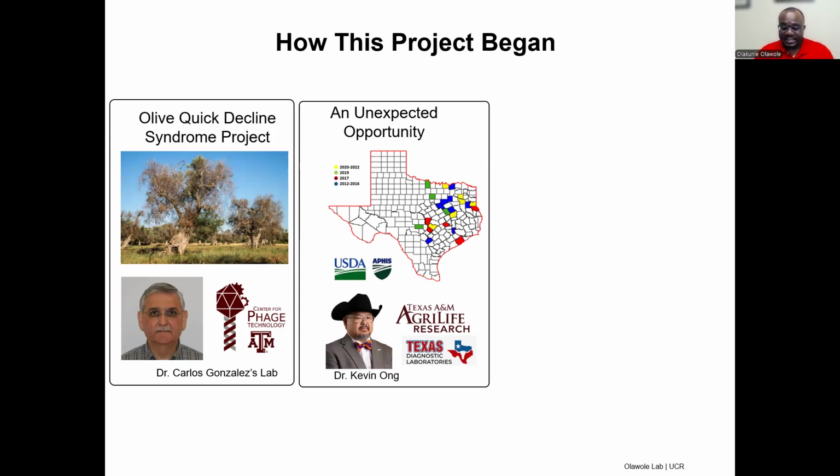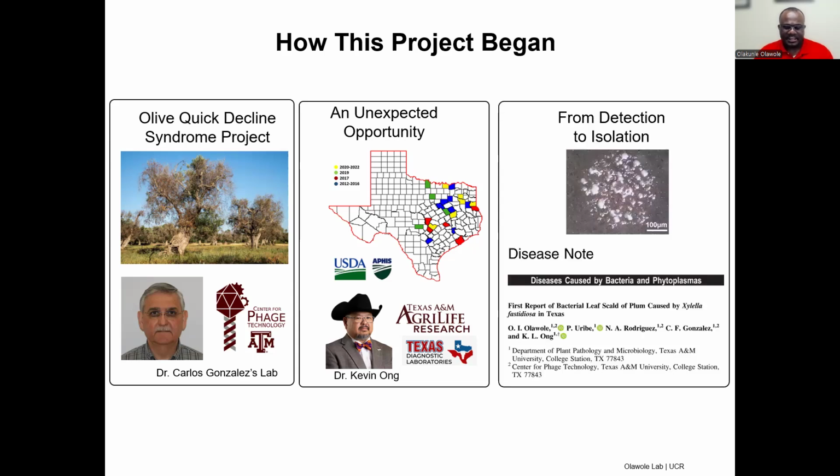But no one had been able to isolate this bacteria. That challenge eventually led us to develop modified media and recovery workflows that allowed us to isolate multiple plum strains, which later became the foundation for the comparative genomics work that I'll be discussing today.